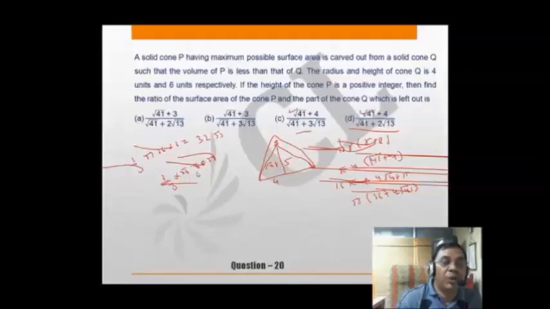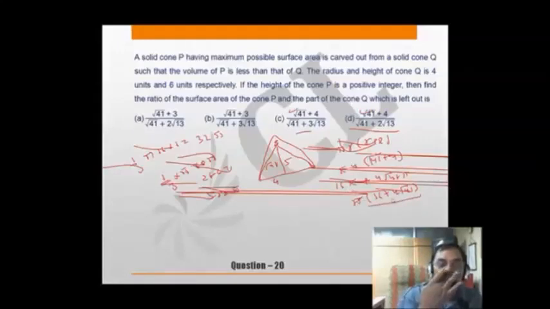So now that becomes 80/3 pi. So 26.67, 26.67, that means 5.33 pi. 5.33 pi, so pi gone. 5.33, 4.